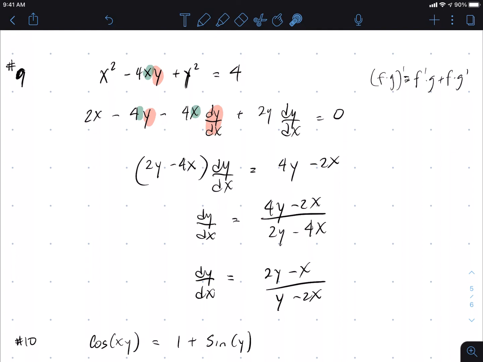Oh wait. So that's why that became a 0. This 4 is there because of this product. This 4 goes away when I take the derivative. Okay, and then you use the formula up there. Okay, yeah. I get it.